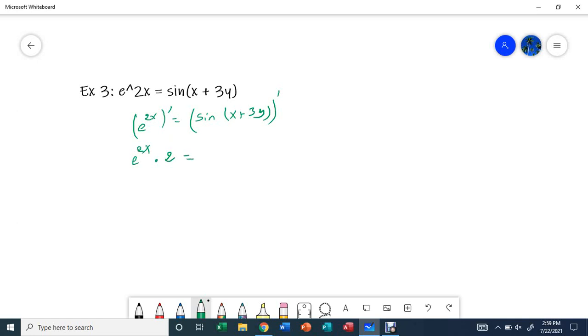Same thing here, the chain rule, so the derivative of sine is cosine of x plus 3y times the derivative of the inside function. So that's the chain rule. Simplify a little bit, so it's going to be 2 times e power 2x equals cosine of x plus 3y times the derivative of x, which is 1, plus 3y prime.